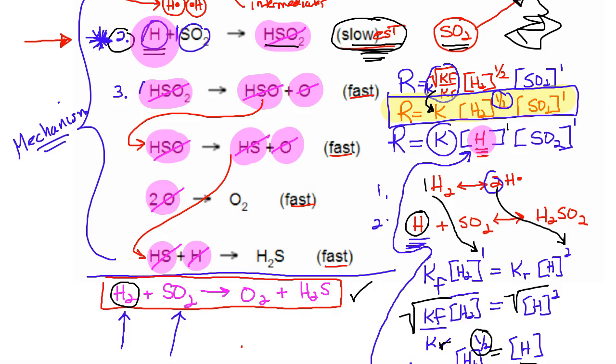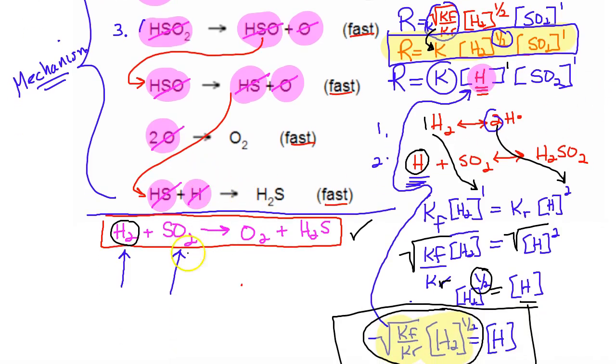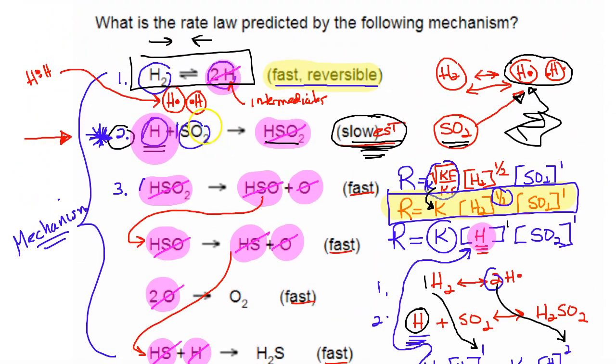So the rate law for this overall reaction based on this mechanism that has a fast equilibrium is R equal to the reaction's K, which we now know is this value times the second step's K, but it doesn't matter. It's the overall reaction's rate law constant, times a reactant, which has to be in the rate law, not an intermediate, to the half, times SO2. And SO2 to the 1 we got right from the second step. There's a 1 in front, so that's where that came from.